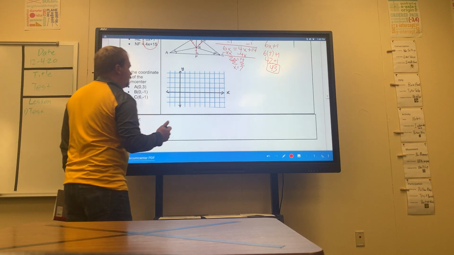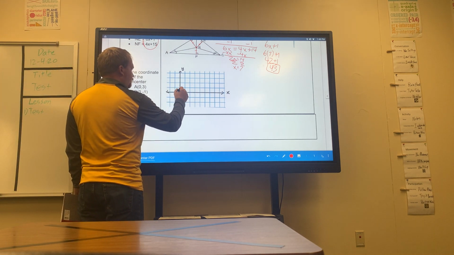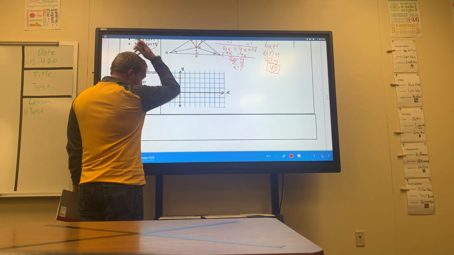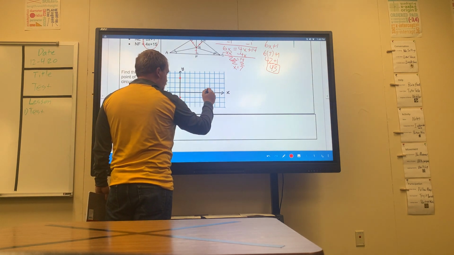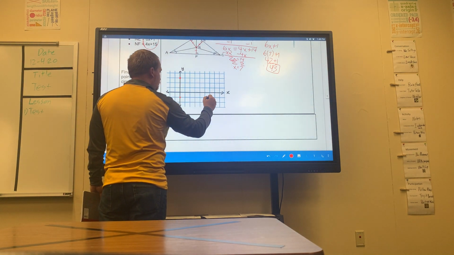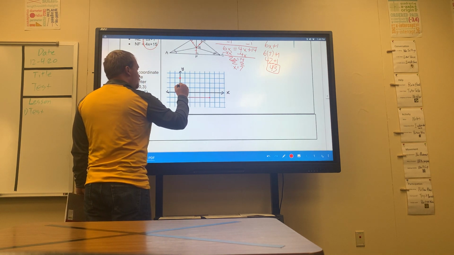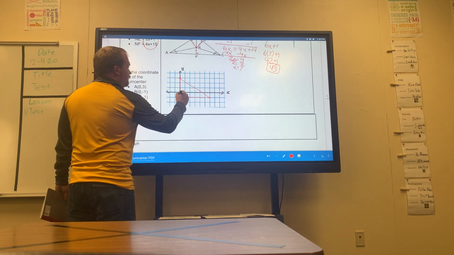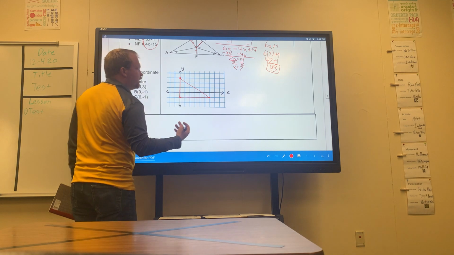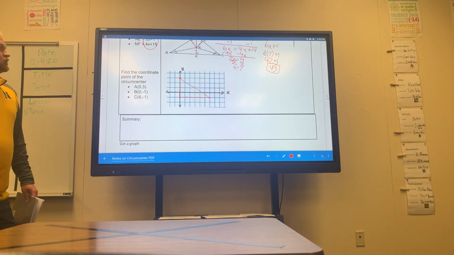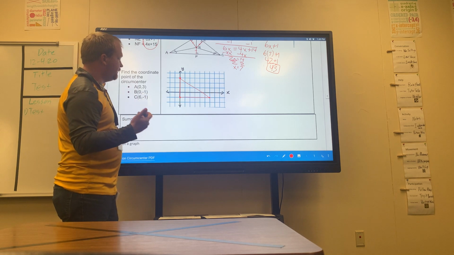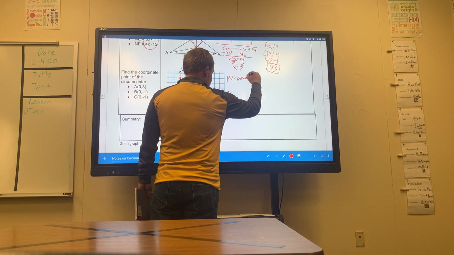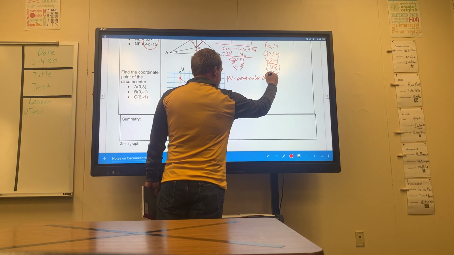So I have these points here, so I want to label them. 0, 3, negative 1, 2, 3, 0, negative 1, and 6, negative 1. Okay. Now, notice what it looks like is a right triangle, but what I gotta make sure of is that, remember, I gotta be able to find the perpendicular bisector.